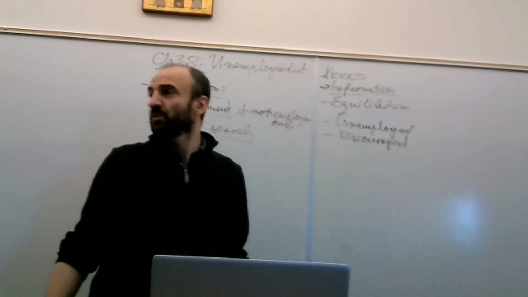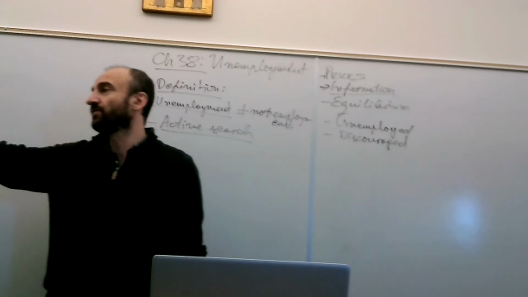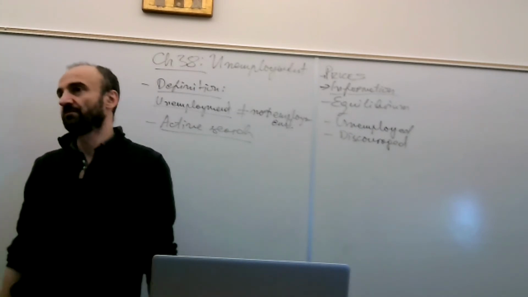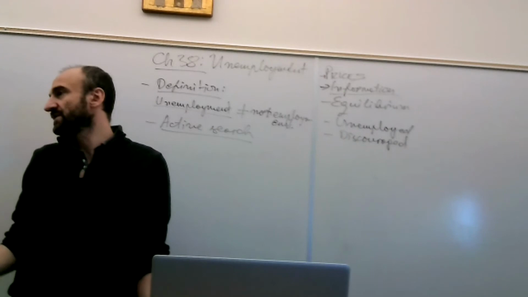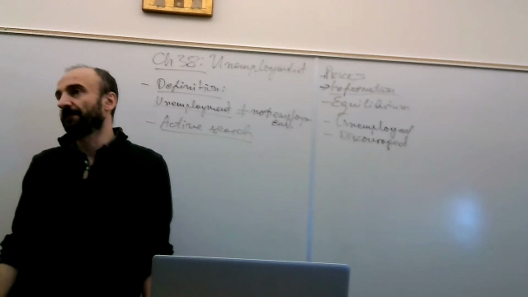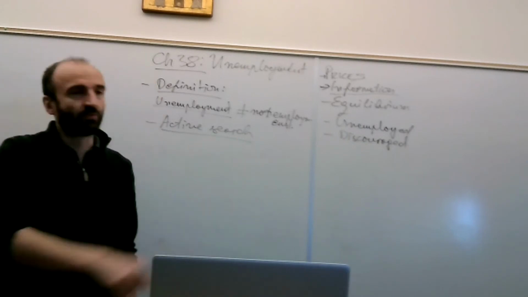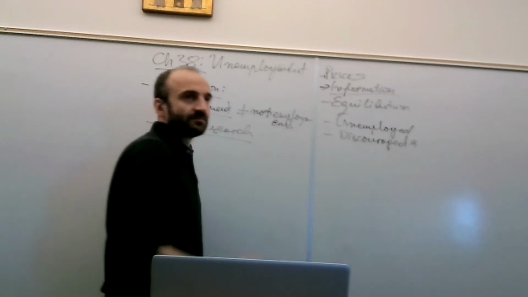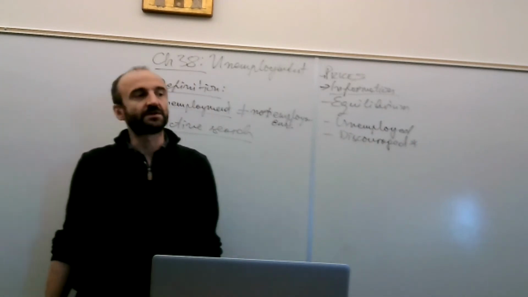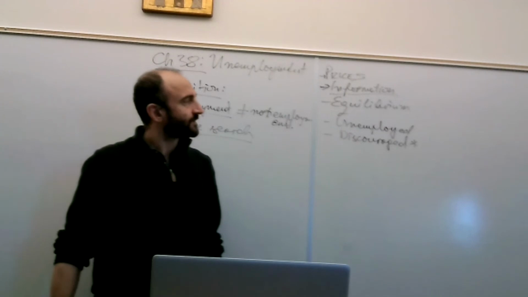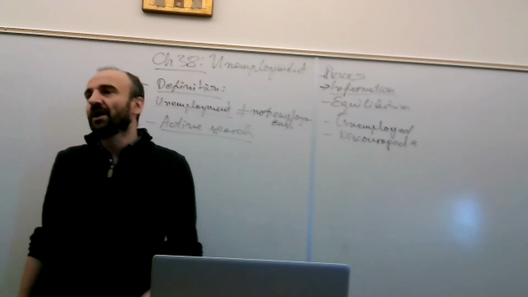There are people who may have actively searched for a job before, but at some point they gave up. So they're outside, they don't have a job, but they're not actively seeking a job either. We'll see why that is important. And I will say a little bit more about this in a moment.